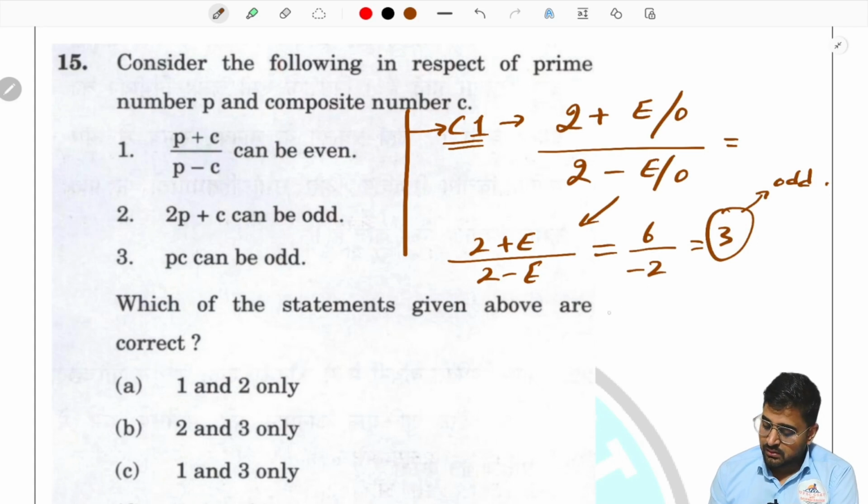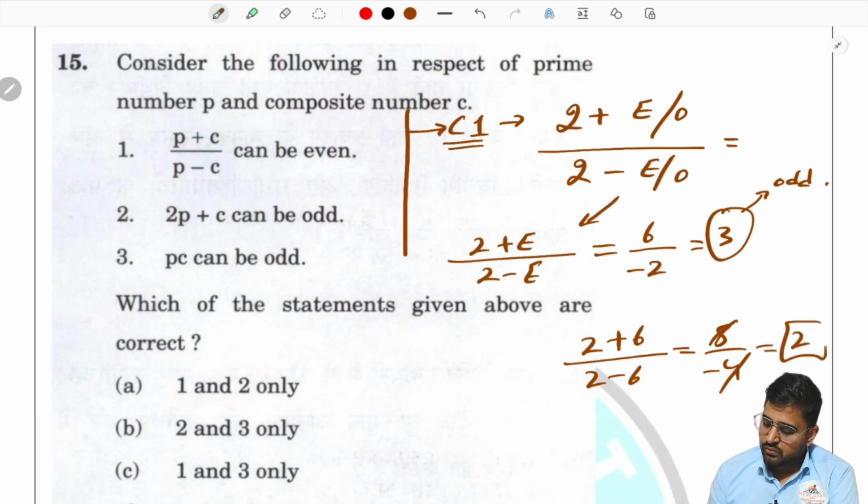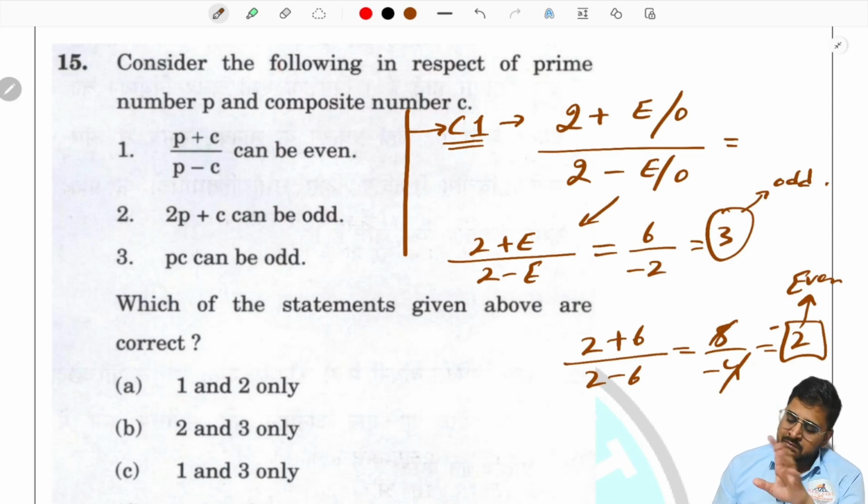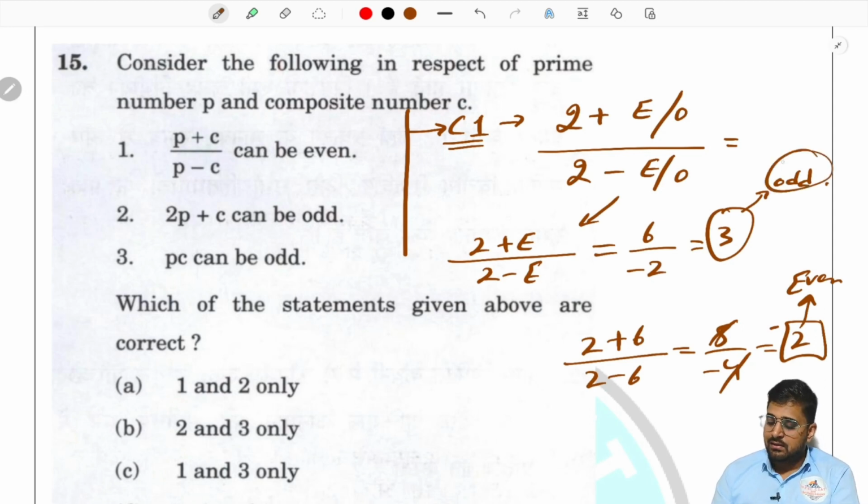Okay. 2 plus C, next composite number, that is 6. 2 plus 6, 2 minus 6. It becomes 8 by minus 4, which gives you 2. That is even. In fact, it is negative, but for the time being, for your understanding, yes, both are possible.